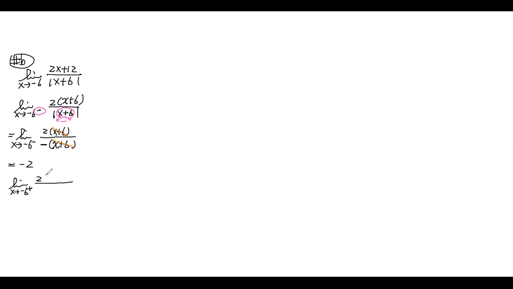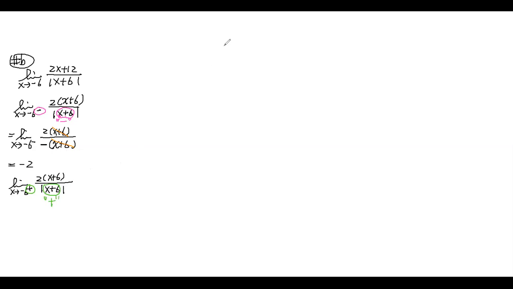Correct? Okay, so now let's take a look at the limit as x approaches negative 6 from the right-hand side. That means x will be like negative 5.8, negative 5.9, right? So if x is negative 5.8 or negative 5.9, what is x plus 6? It's going to be a positive value.